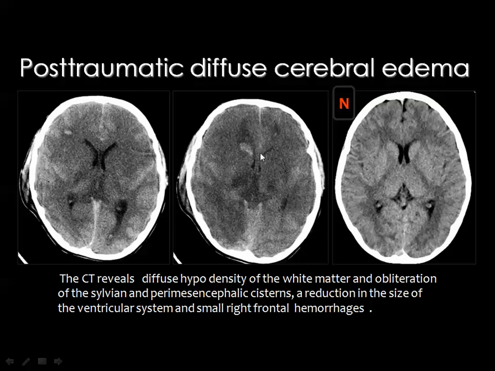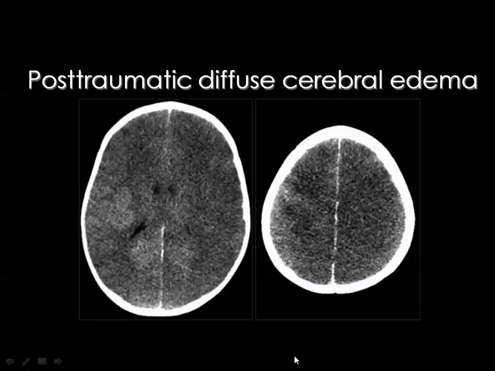And you can see hemorrhagic foci like this one, and there may be also hemorrhage inside the ventricle, and you can appreciate the presence of subgaleal hemorrhage on the right side. And this is diffuse brain edema after trauma.